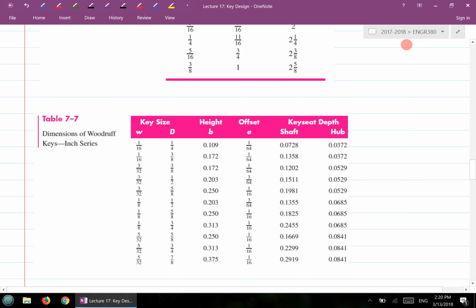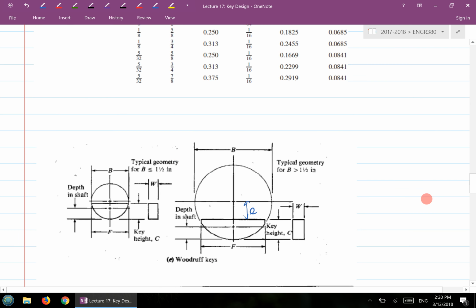But there's a little bit more information that you need. First of all, let's take a look at the dimensions of the Woodruff key. There's a typical drawing of the Woodruff key. B is basically the diameter, because the Woodruff key is cut from a circle. It's part of a circle. B is the diameter of that circle. If B is less than 1.5 inch, then it's this kind of structure right here.